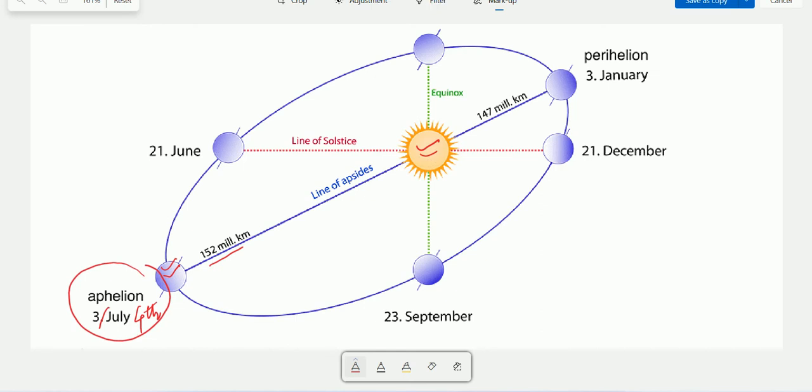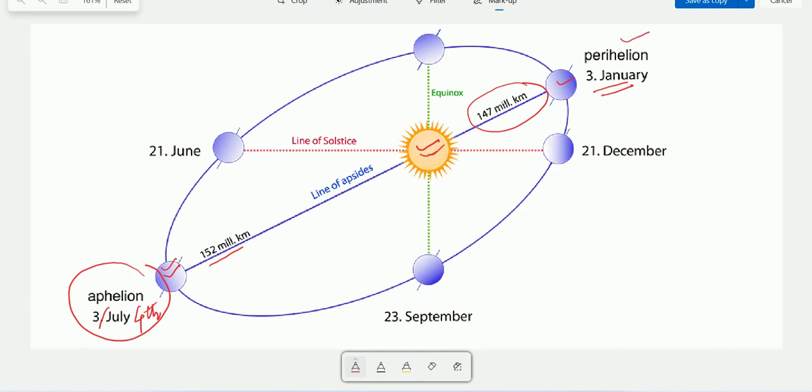In the other case, on 3rd January, the distance between the Earth and the Sun is the shortest, about 147 million kilometers, and this position is known as perihelion.